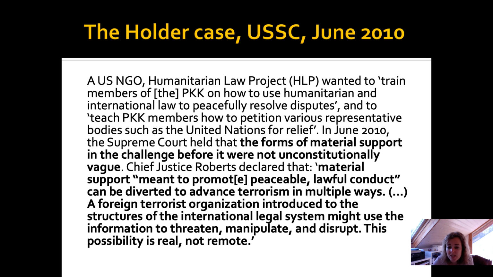Chief Justice Roberts declared that material support meant to promote peaceable, lawful conduct can be diverted to advance terrorism in multiple ways. A foreign terrorist organization introduced to the structures of the international legal system might use information to threaten, manipulate, and disrupt. This possibility is real, not remote.